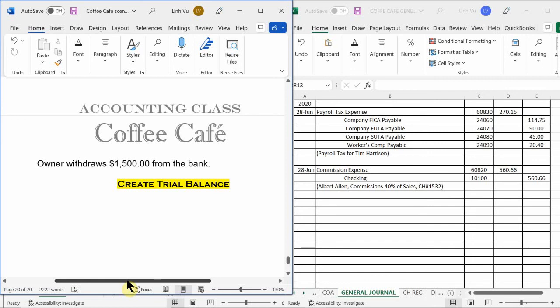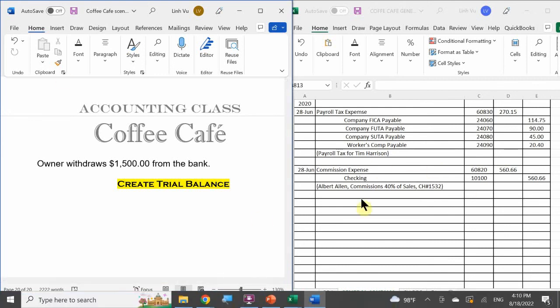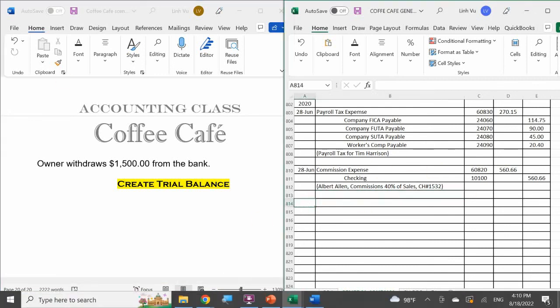So again, how should he properly do this? How should we properly record an owner's withdrawal? It's owner's withdrawal, a contra account for debit, and then he's writing himself a check.